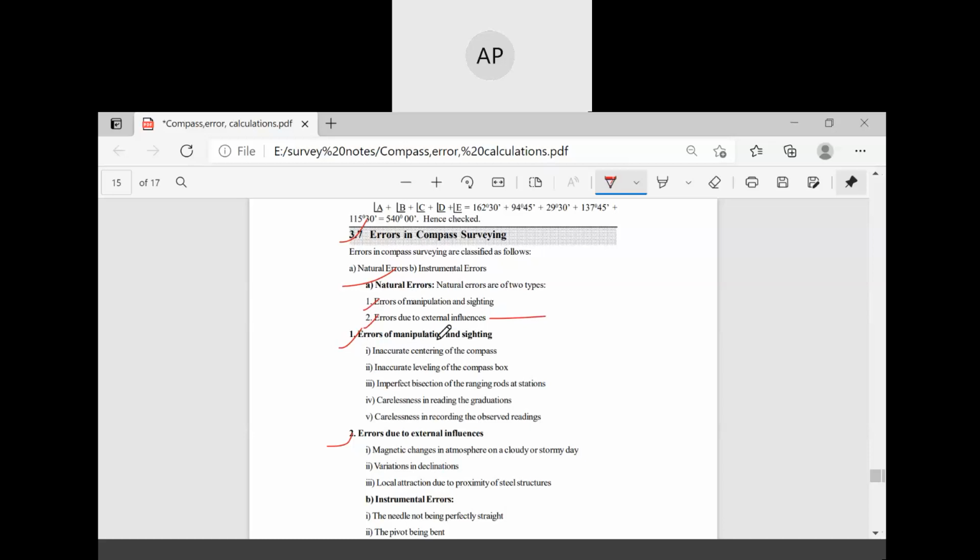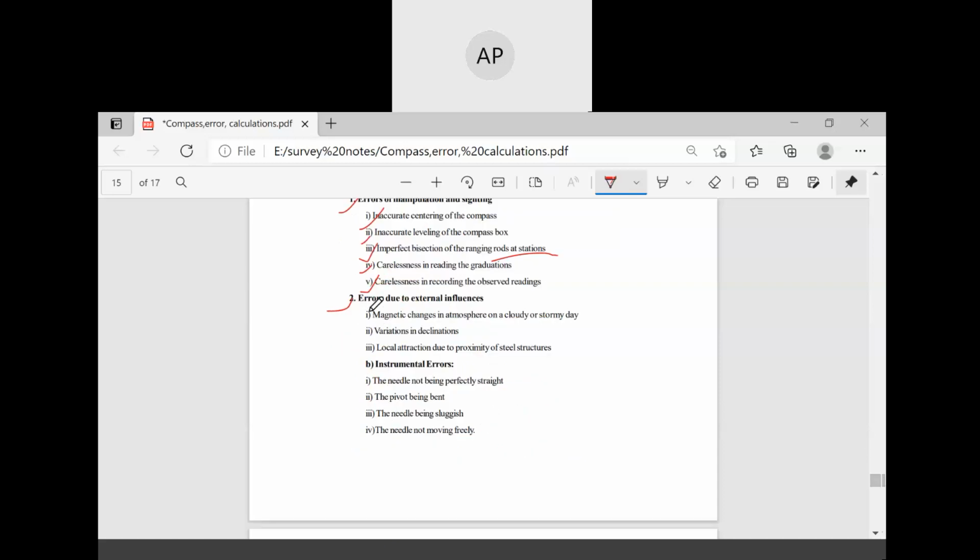Errors of manipulation and sighting: inaccurate centering of the compass, inaccurate leveling of the compass box, imperfect bisection of ranging rods at stations, carelessness in reading graduations, carelessness in recording the observed readings, magnetic changes in atmosphere on a cloudy or stormy day, variation in declination, and local attraction due to proximity of steel structure.